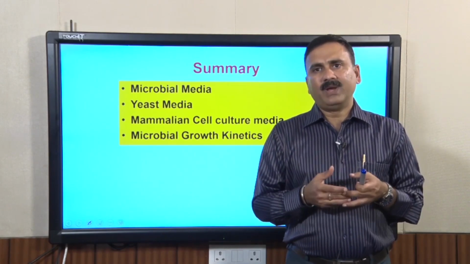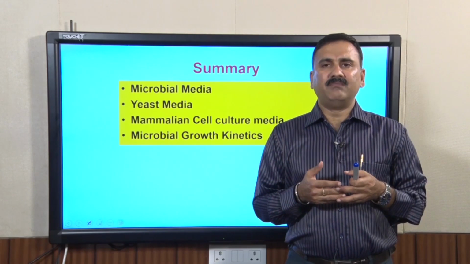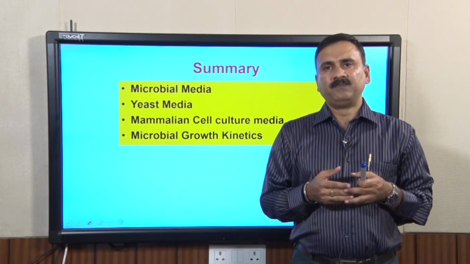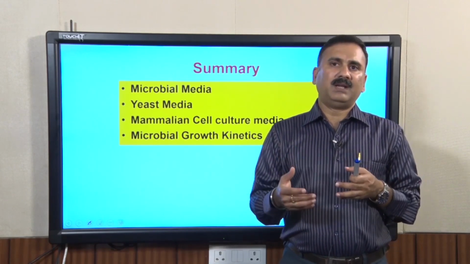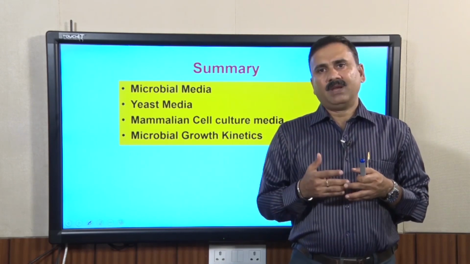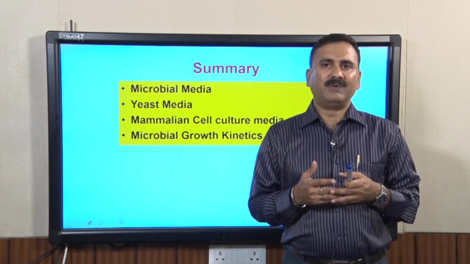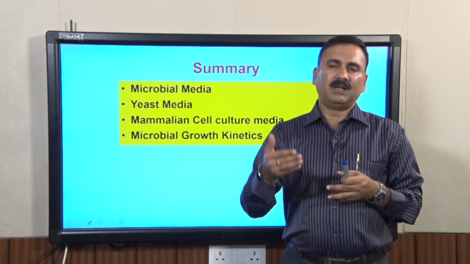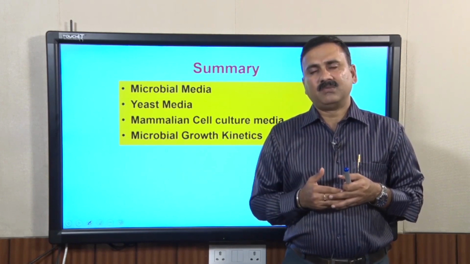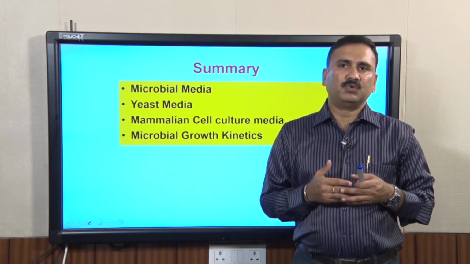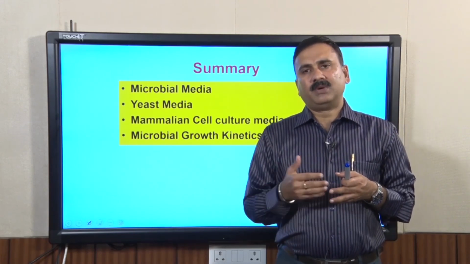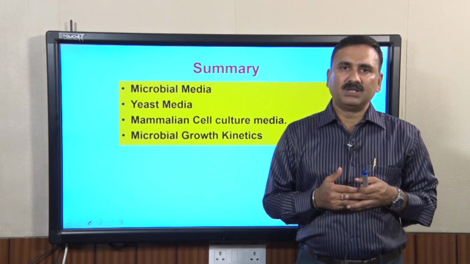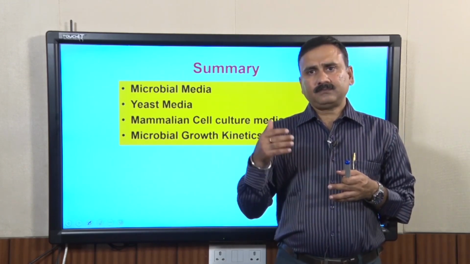In module 2, we discussed the different types of media available for growing the prokaryotic as well as the eukaryotic cell. We also saw a couple of demos on how to prepare the microbiology media as well as the mammalian cell culture media, and what precautions you should take when you prepare them.